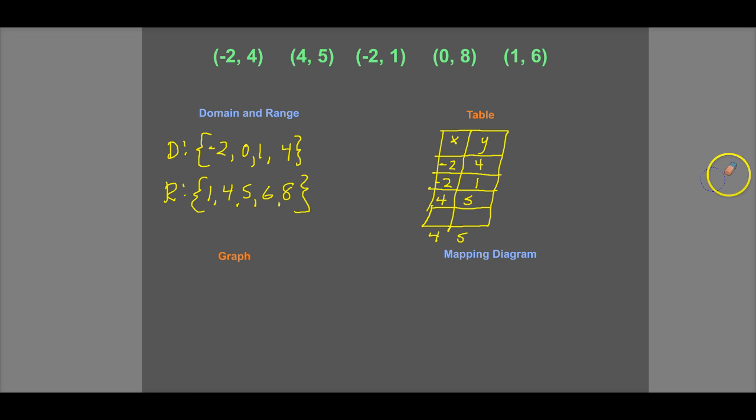So I'll just erase these really fast if I can do it without destroying the table. There we go. 0 and 8, 1 and 6. So there's a table set up. The reason that you would use a table is it's really easy to see how things are progressing, if it's going up or down, that sort of thing.